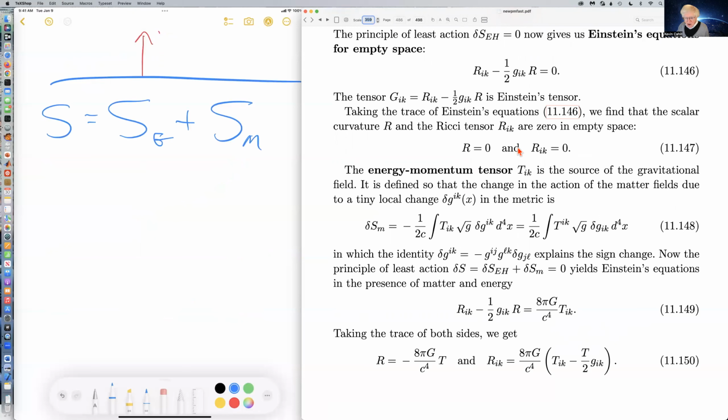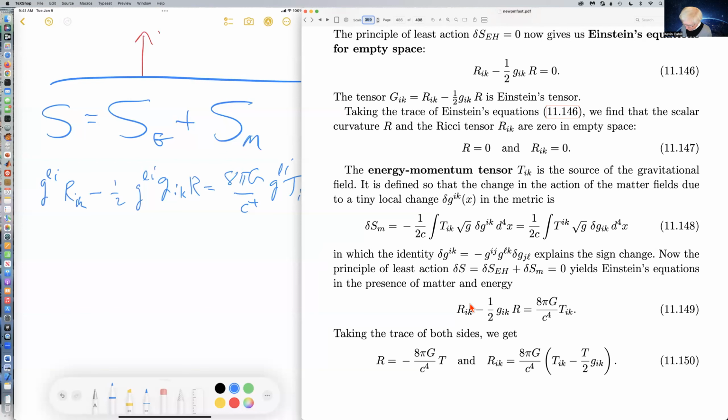What we do here is we would raise one index, and so then we would have basically g^{lI} R_{IK} minus a half g^{lI} g_{IK} R equals 8 pi G over c to the fourth g^{lI} T_{IK}.